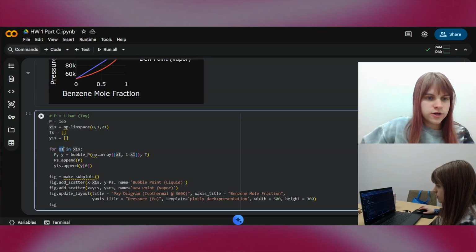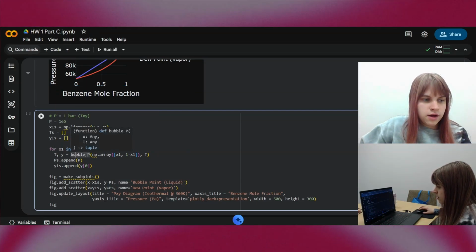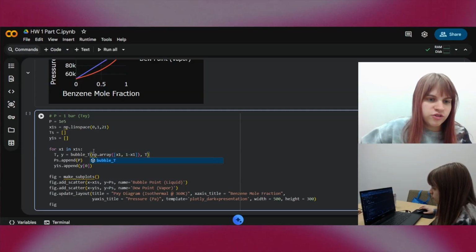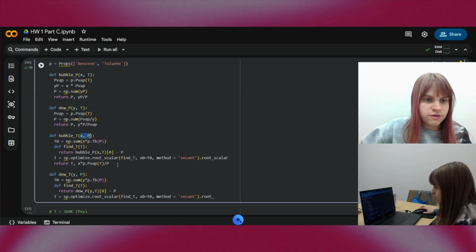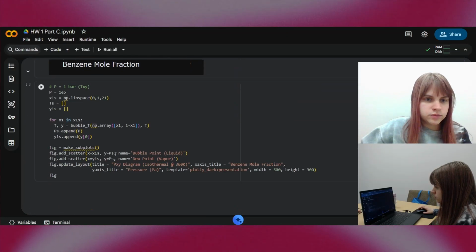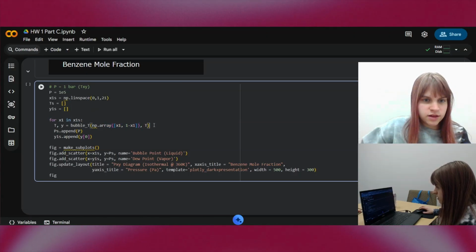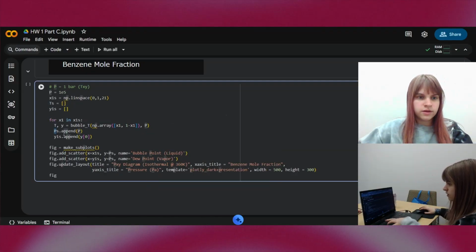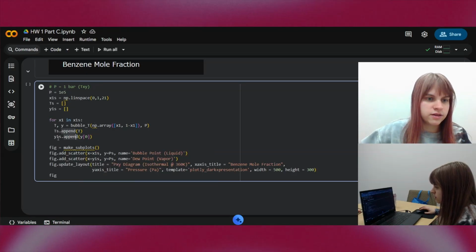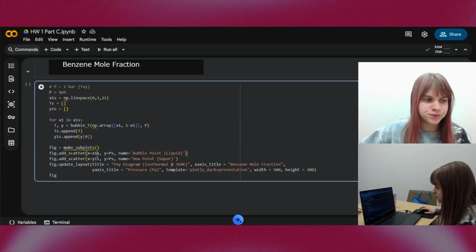So for x1 and x1s, we are doing ty, and we're going to use the bubble temperature, which up here we needed to supply the x and the p. So for the bubble temperature, we have x and we have p right there. We want to add the temperature that it calculates, add the vapor fraction, and then we are going to make the plots.